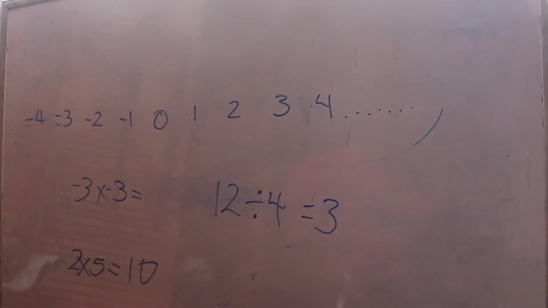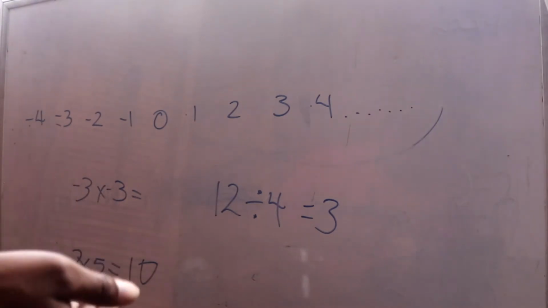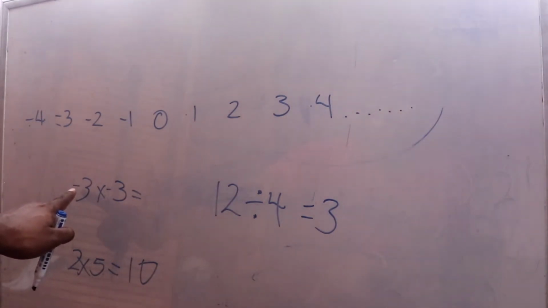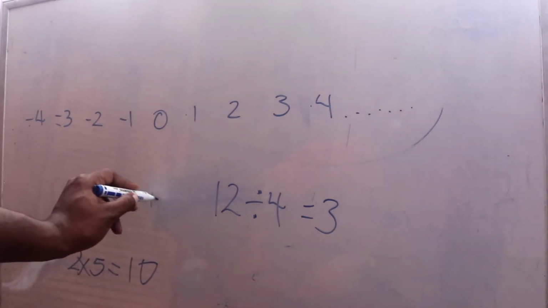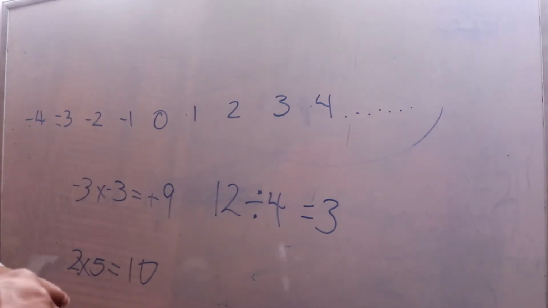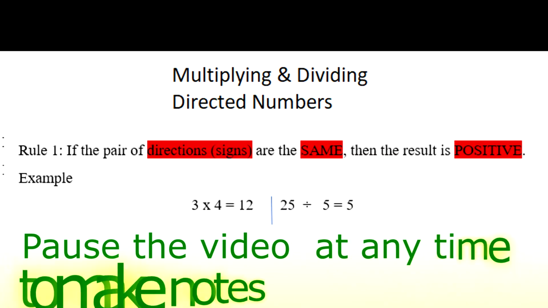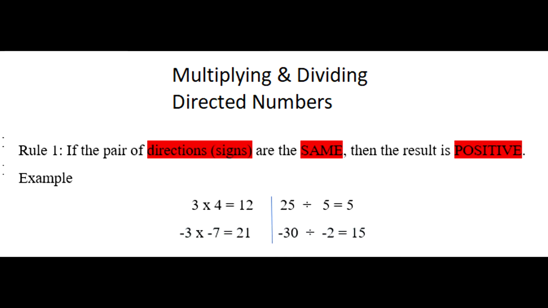Now a lot of you may say, well, if +3 by +3 is +9, then -3 by -3 is -9, but not so fast. -3 by -3 will actually give you a +9. And that brings us to our first rule. If the pair of signs or directions are the same, then the result is positive.